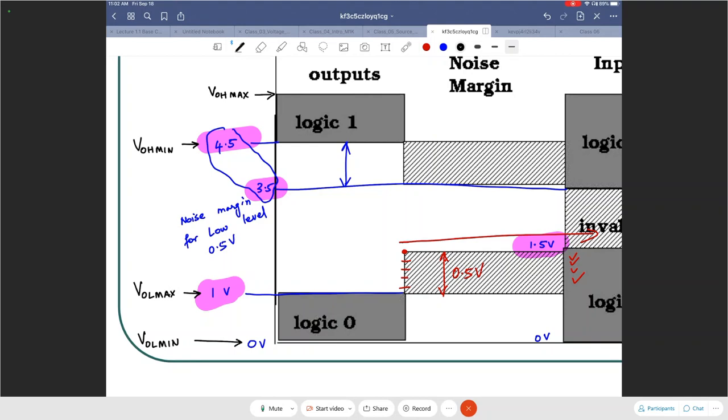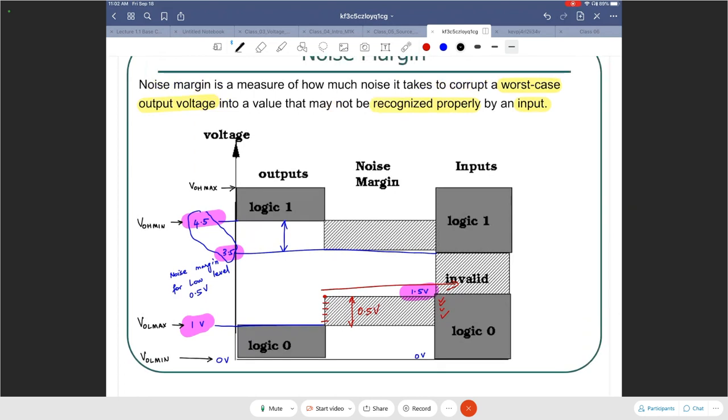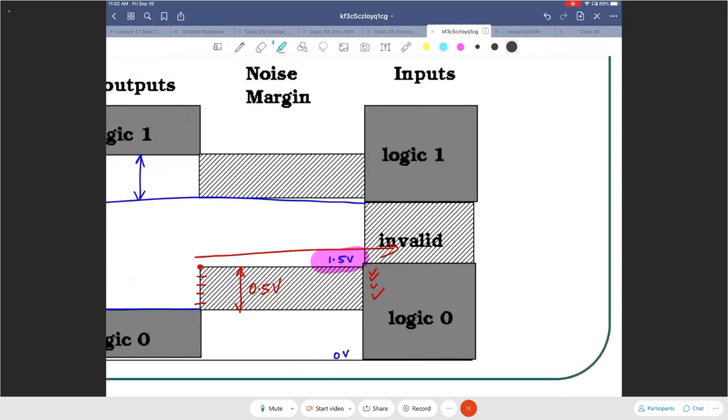Now let's go on to the other side and talk about these guys, let me highlight them maybe with blue. For the input side, what should I name this? Voltage input high level maximum.